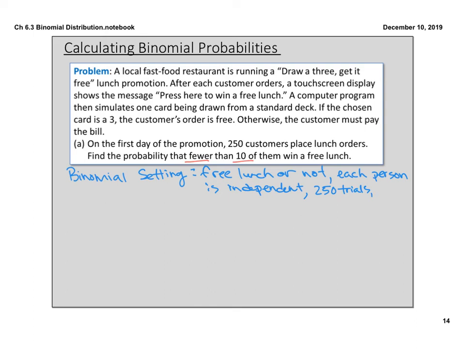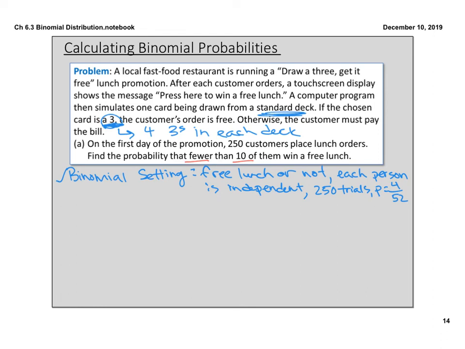And P, probability is the same. I know that the probability is going to be 3, or I'm sorry, let's take that back. Drawing a 3 from a standard deck, there are 4 3s in each deck. So drawing a 3 from a standard deck is 4 out of 52. Okay, so the probability is the same. So I'm checked off there. I know that I'm looking at a binomial setting.